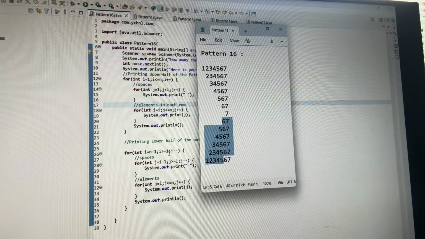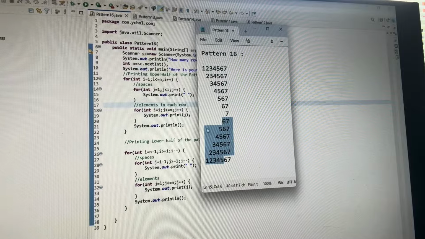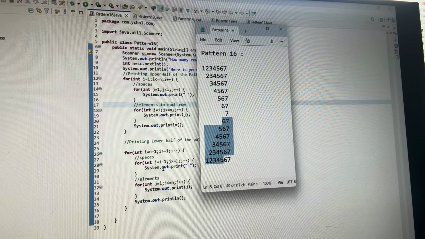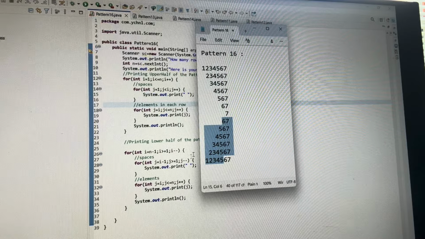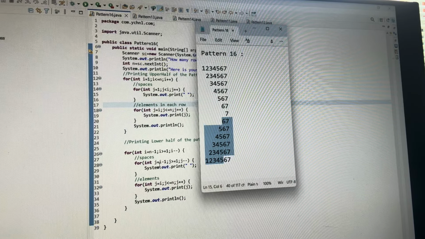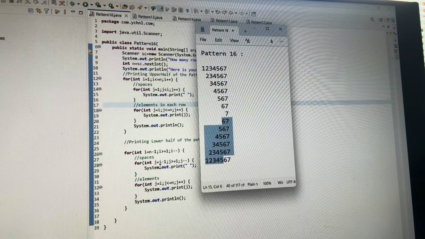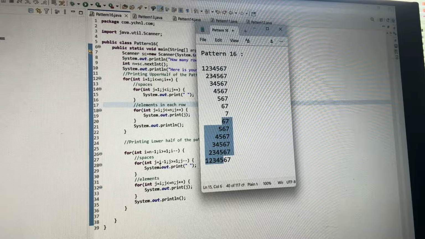As the rows are in the decreasing order, I have written I minus 1, and the spaces are also in the decreasing order. So in the first row 5 spaces are there, right? So I am taking j is equal to I minus 1, j greater than or equal to 1, j minus 1, like that.